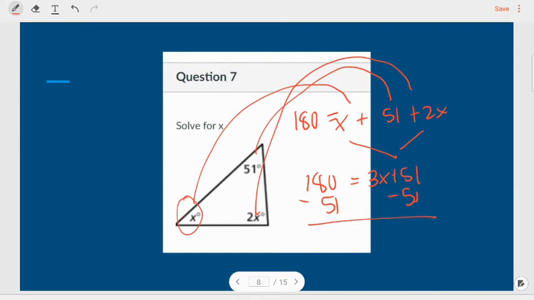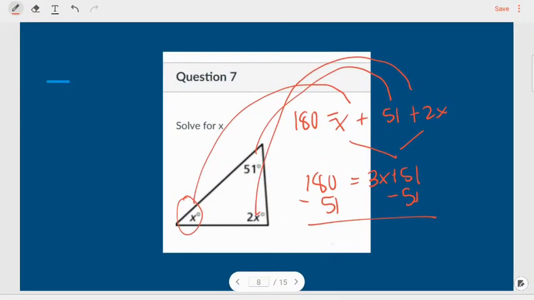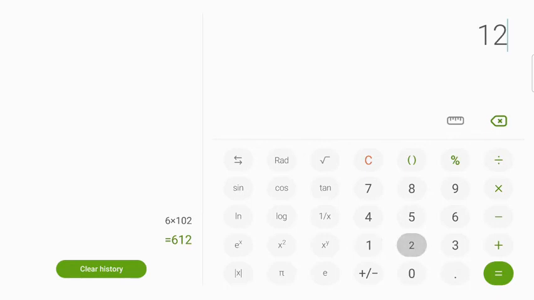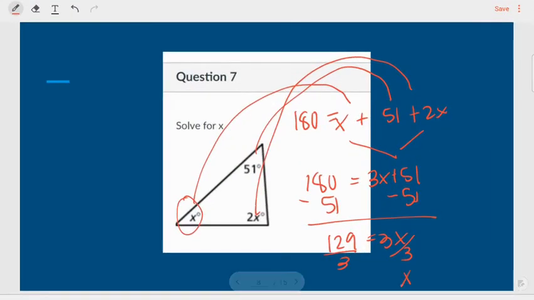Calculator, 180 minus 51 is 129 equals 3x. Divide that by 3. 129 divided by 3 is 43. So in this case, x is equal to 43, and I'm done.